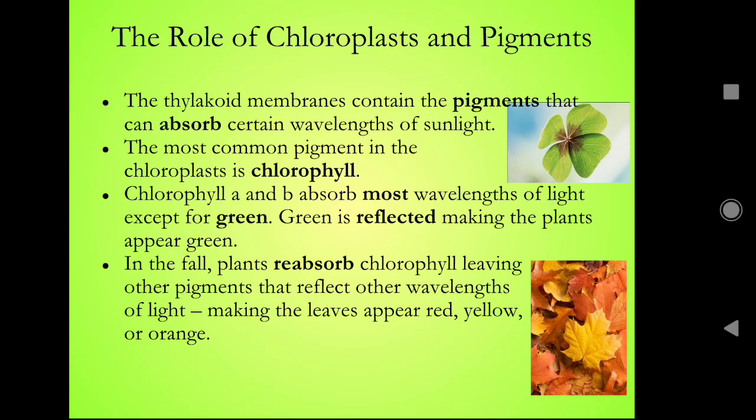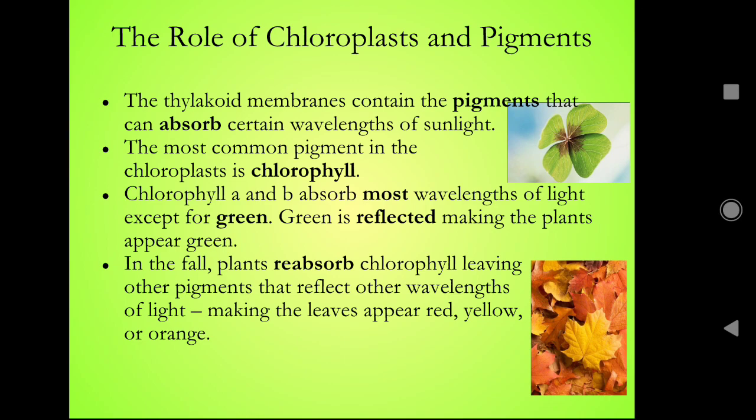There are some extra or additional different types of pigments, such as xanthophylls, which appear yellow, and carotenoids, which appear like orange and red. Those aren't primary pigments like chlorophyll A and B. Those are actually considered accessory pigments or secondary pigments.